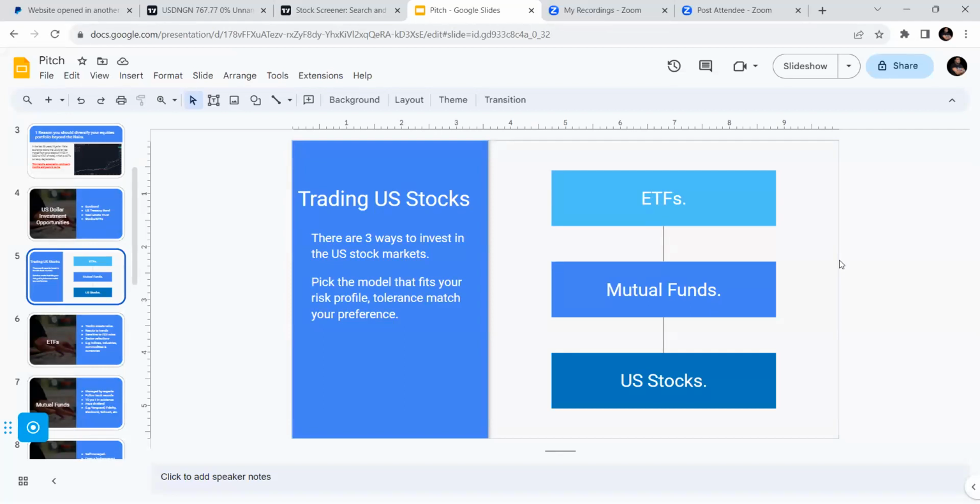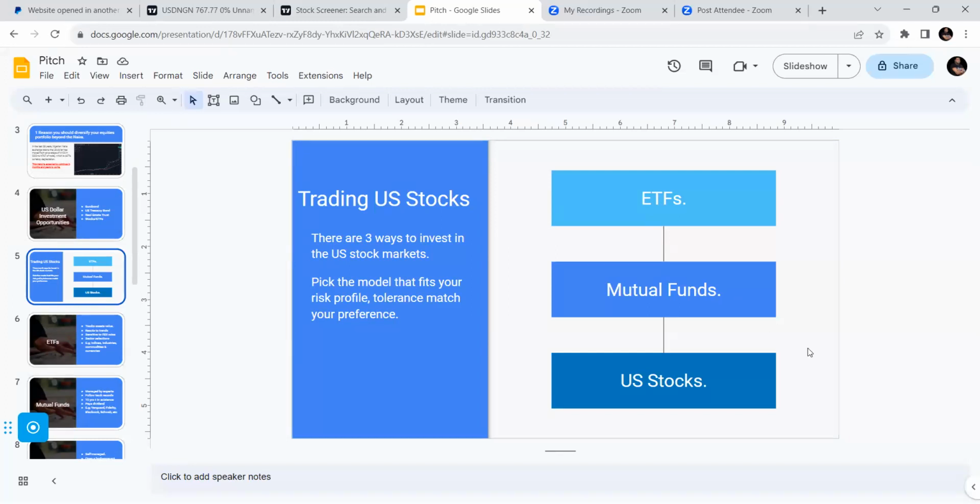When they mobilize funds from investors, they leverage their in-house expertise, tools, and resources to find opportunities in different sectors. Even in Nigeria, we have equity mutual funds, and in the US too. So ETFs and mutual funds work more if you don't have the time. But I will tell you the strategy that makes more sense if you want to use both options.